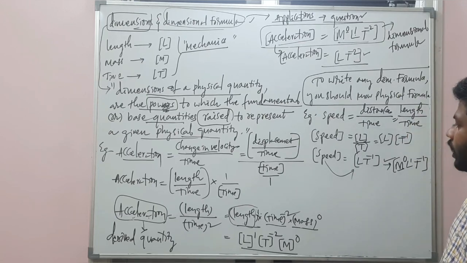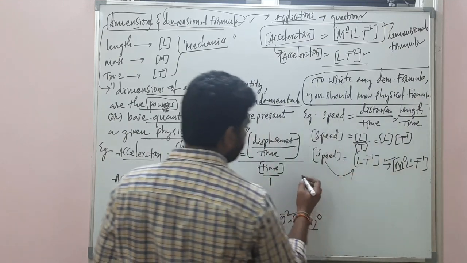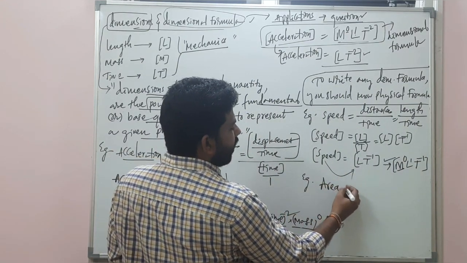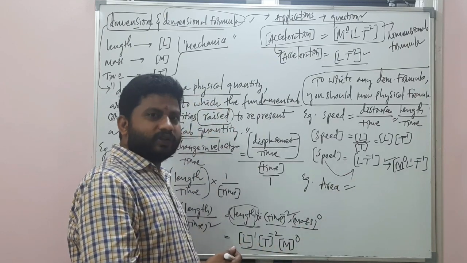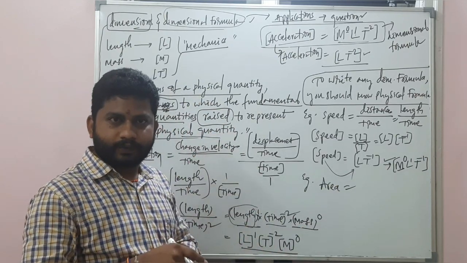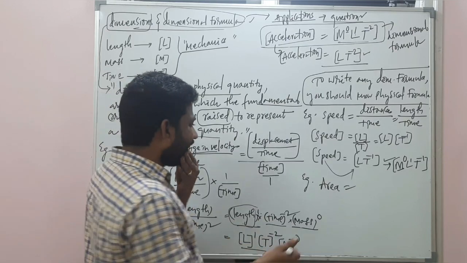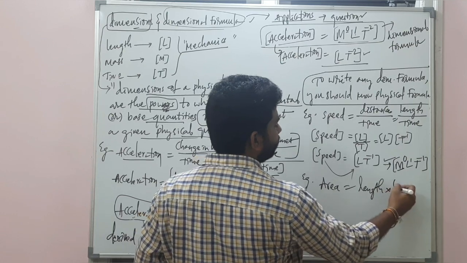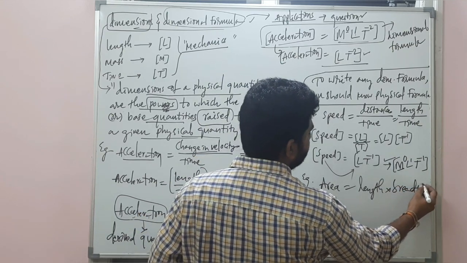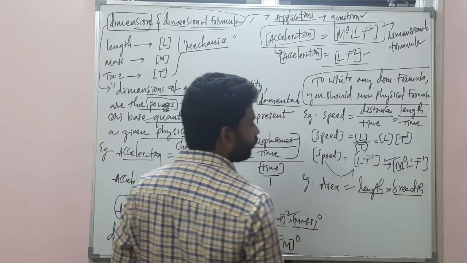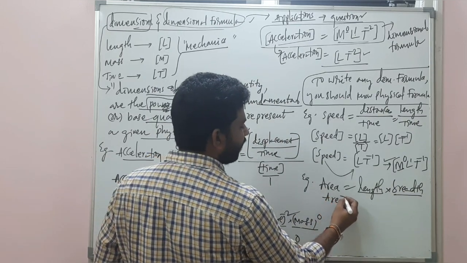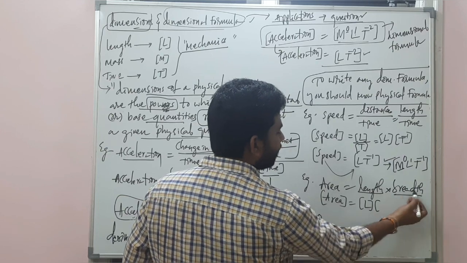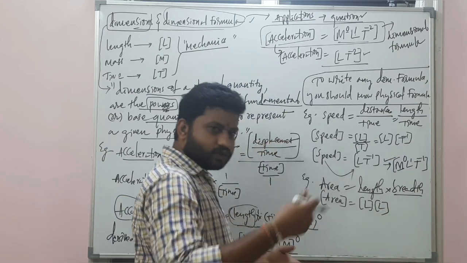And let's write some more things. So let me write area. Area, for example, of a square, is length into breadth. Both are lengths only, right? Length into length. So the dimensions of area will be L for length and L for breadth, because it is also a length.